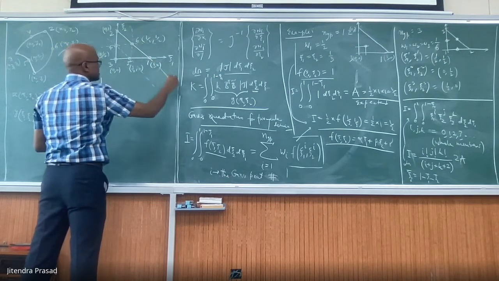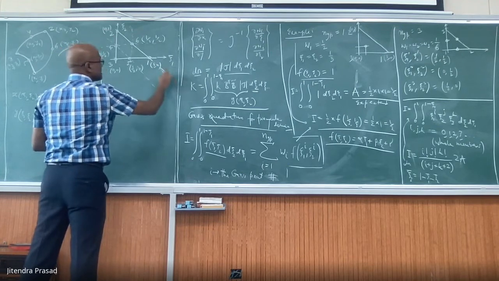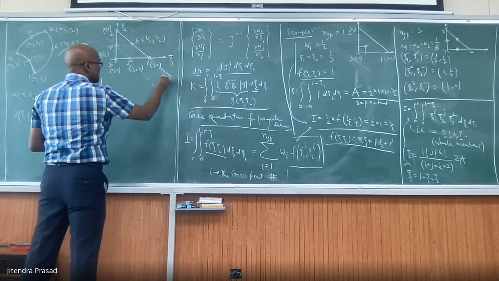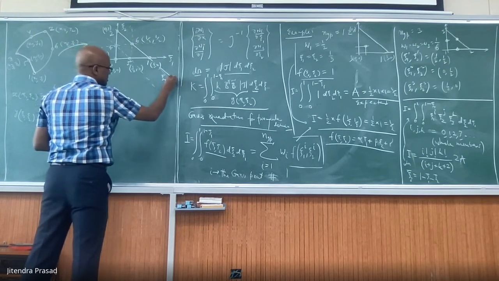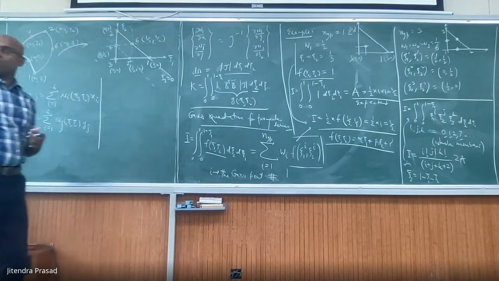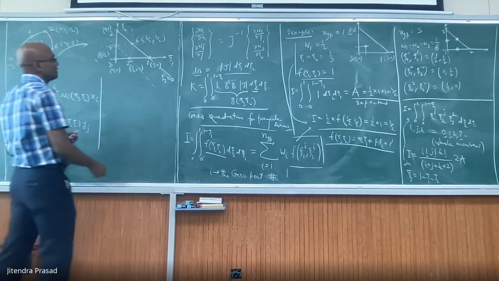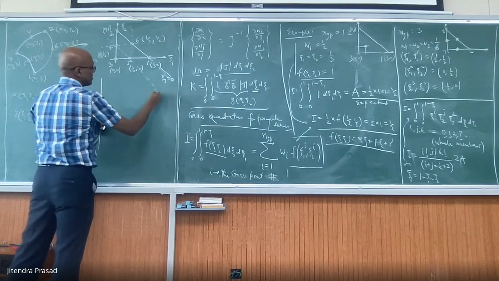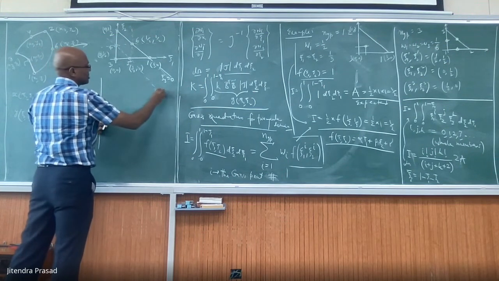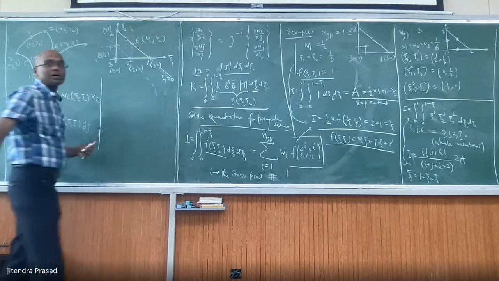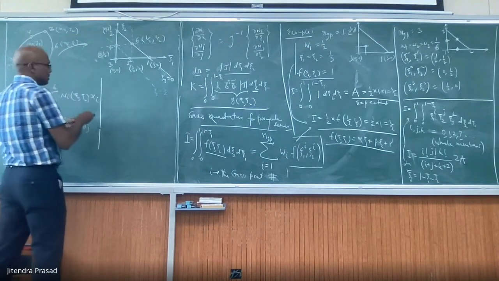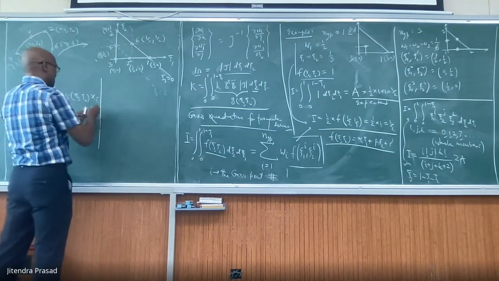Which line is this? This line is, in other words, xi3 equal to 0. Or this one is xi3 equal to something, and similarly you have for the others.